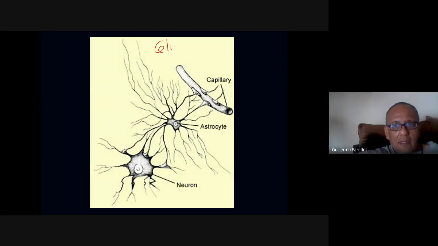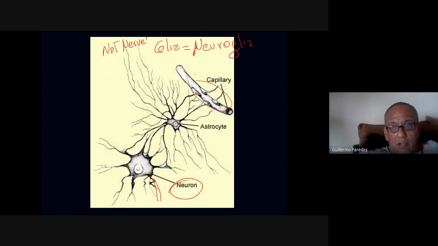Then we have the glia, or neuroglia. Glia, neuroglia, are cells that are not nerve cells. Here we have a neuron. Can you see here the axon, and this is the dendrite. So this is the nerve cell, the neuron.